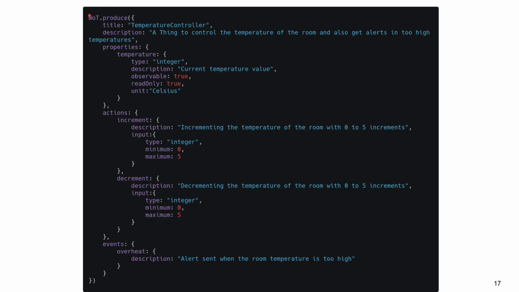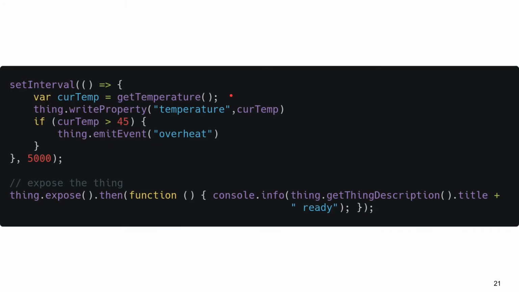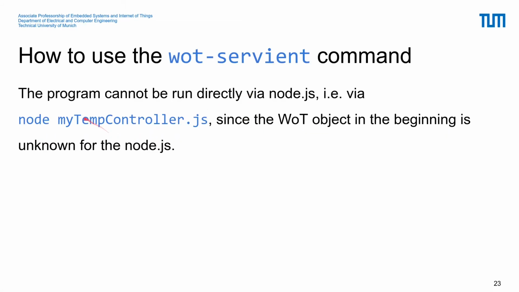But if you ever copy paste this into your editor, you might already get some complaints that this WoT isn't defined. And then you might be confused, but it is actually meant to be like this. Also, the script that I'm showing that is available in this link, you cannot run it directly like node my-temp-controller.js.